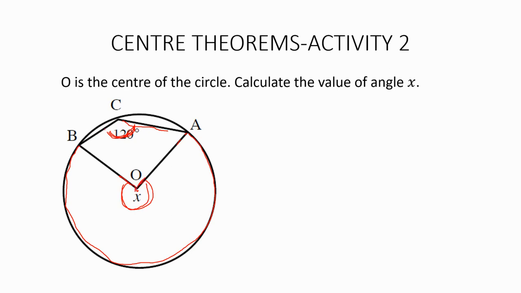And then here again it is below this line and this line. Do you see that? Right, what will be x? It's going to be 240 degrees. Okay, angle at the center equals 2 times the angle at the circumference.